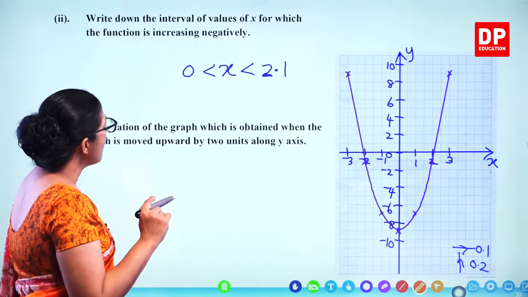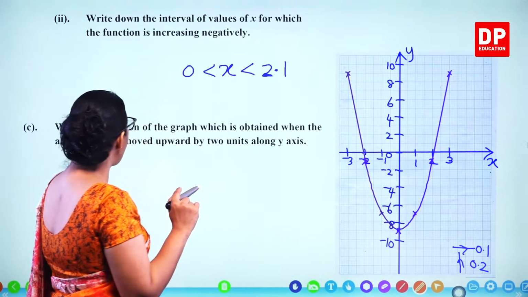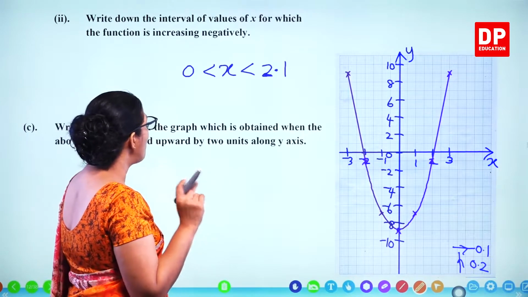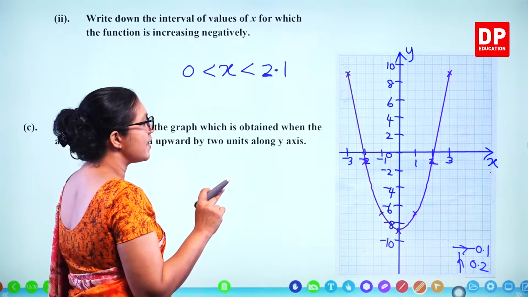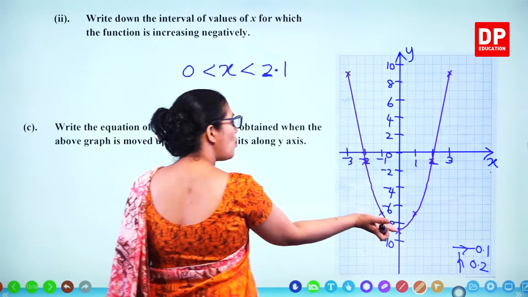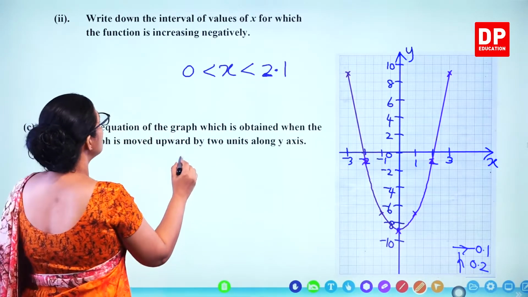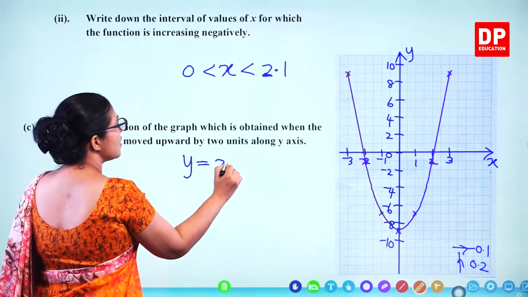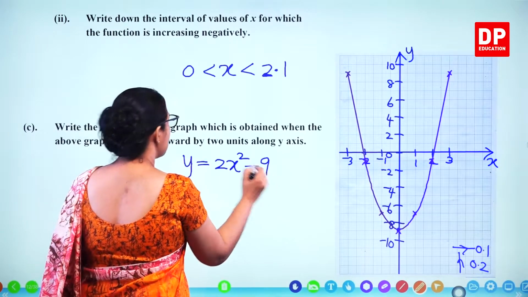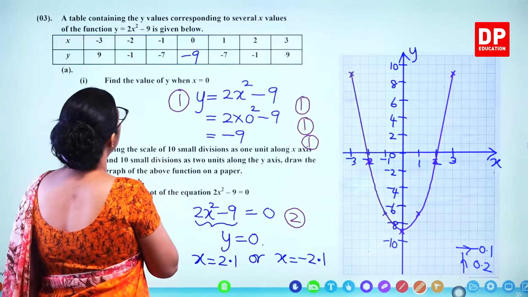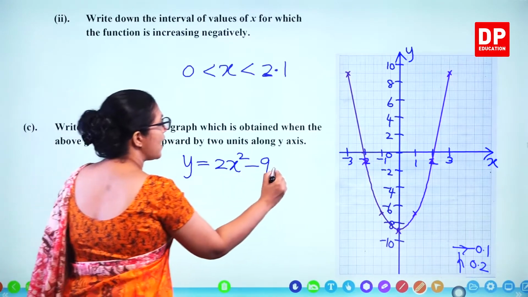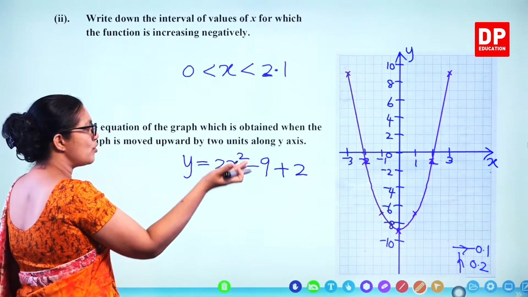Write the equation of the graph which is obtained when the above graph is moved upwards by 2 units along the y-axis. This whole thing moved upwards by 2 units. So you take the y equation, 2x squared minus 9 is the original equation. You add 2 to that, moving up by 2 units.